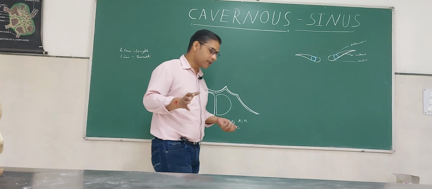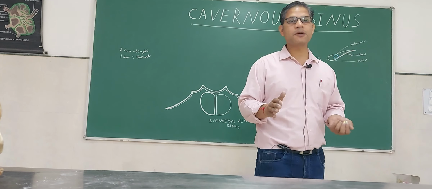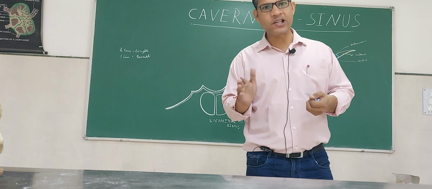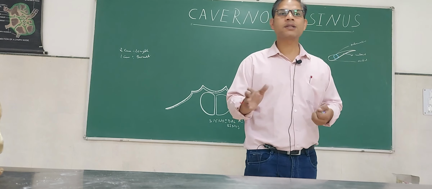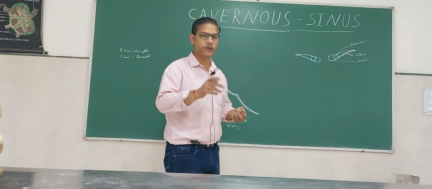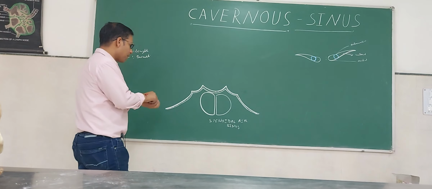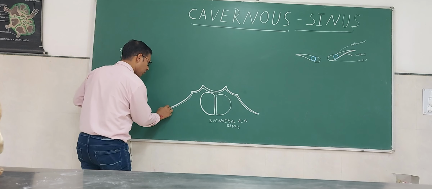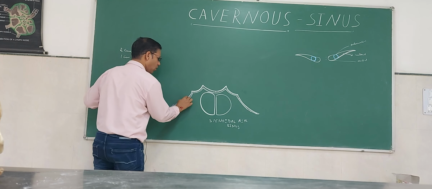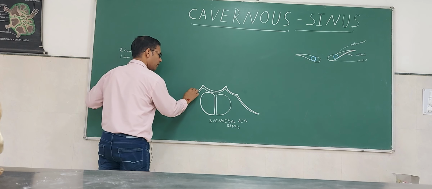Like other sinuses that develop between the endosteal layer of the dura and the meningeal layer of the dura, this sinus also develops between them. With the help of this purple chalk, I am drawing the endosteal layer, which has a tendency to go with the bone.